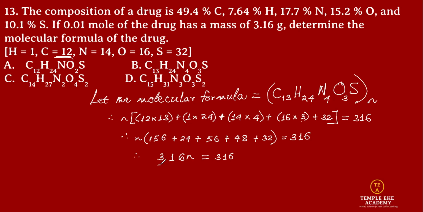Now let us divide both sides by 316 to isolate the n. That's right. Divide both sides by 316. And of course, 316 divides through to give us finally n equals 1. And this is a special case where the empirical formula now equals the molecular formula.